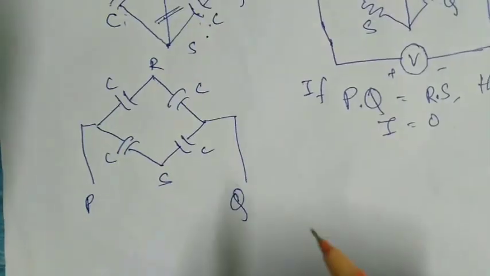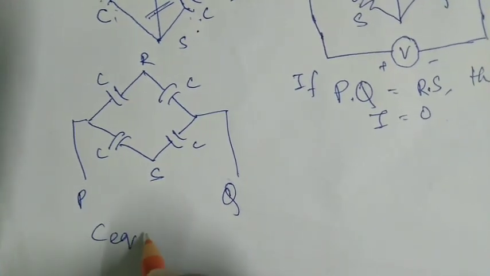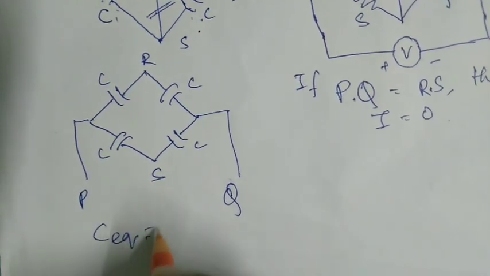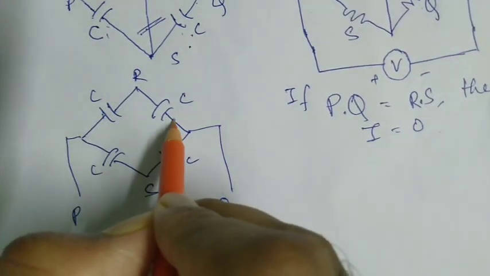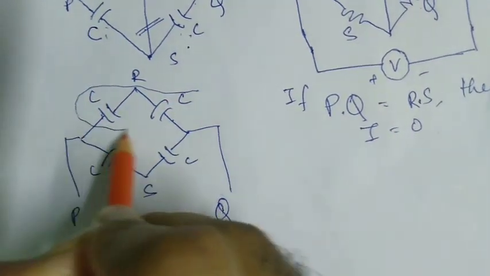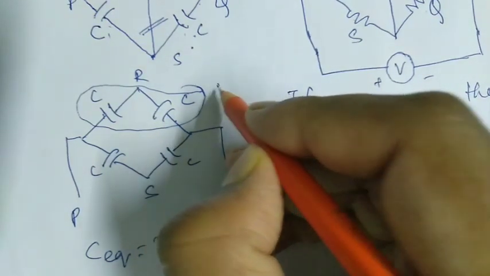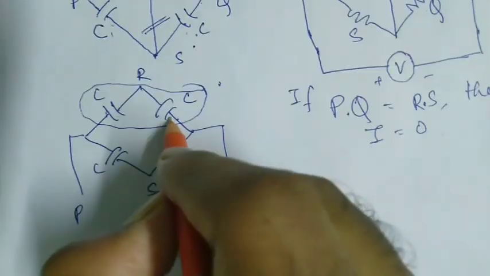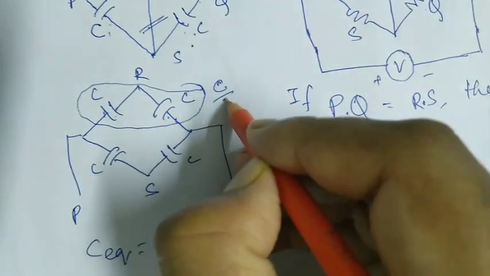So what is going to be the equivalent capacitance? C eq is going to be what? Look, this capacitor and this capacitor with capacitance value of C are in series, so we will get C by 2.